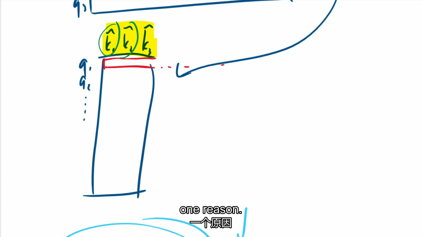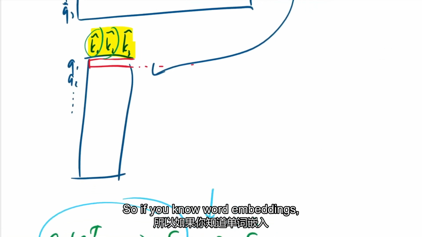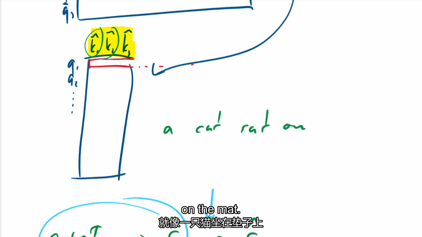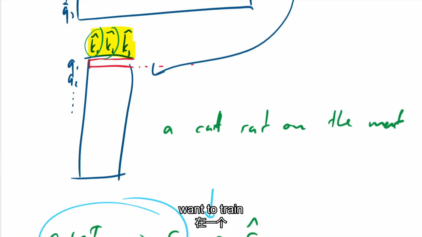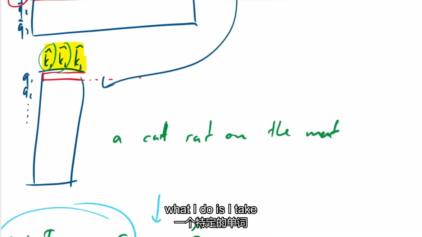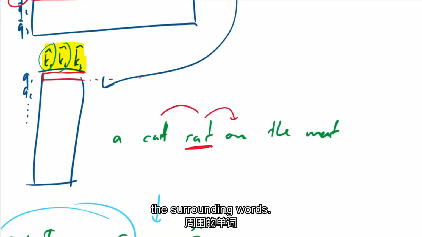So that might be one reason, but another reason comes from word embeddings. If you know word embeddings, then you know that if I want to train word embeddings, what I do is I say, like, a cat sat on the mat. And if I want to train word embeddings in one particular way, word2vec, what I do is I take a particular word, like this word here, sat, and I try to predict the surrounding words.